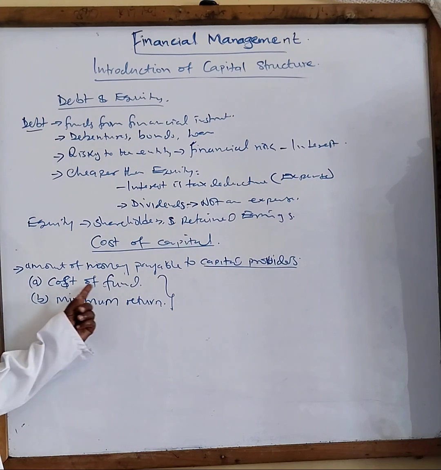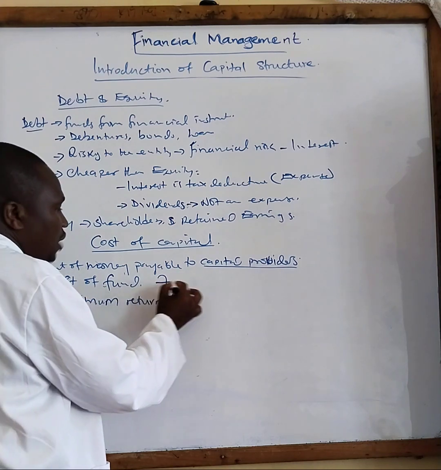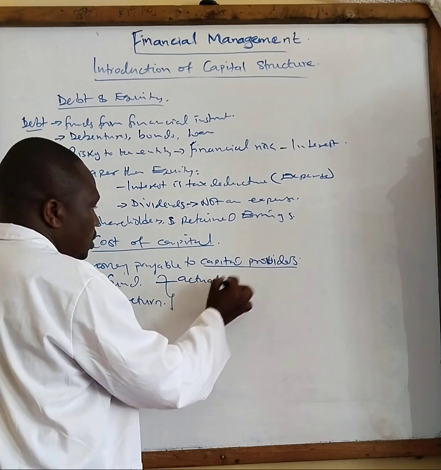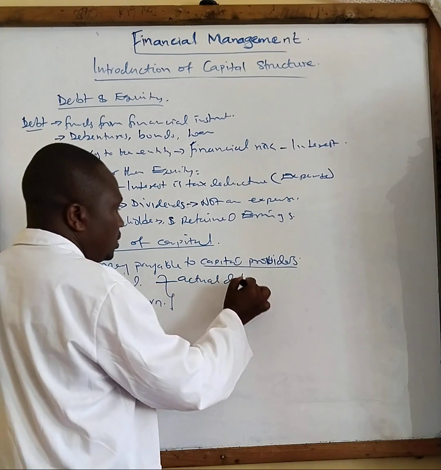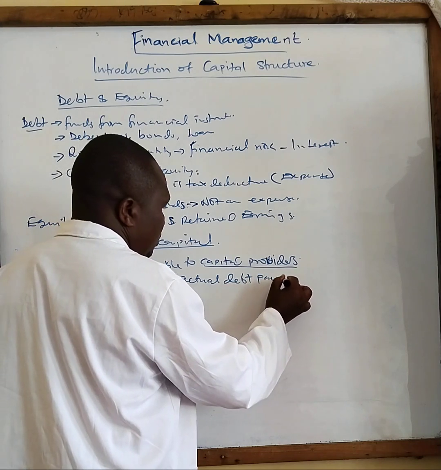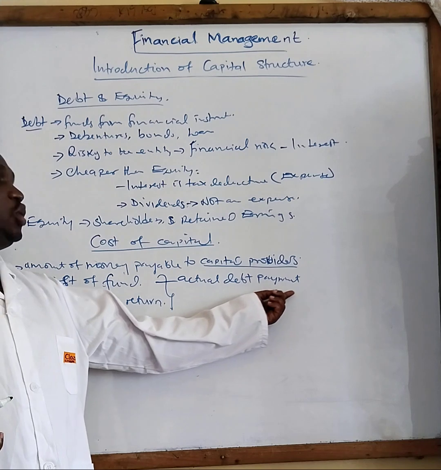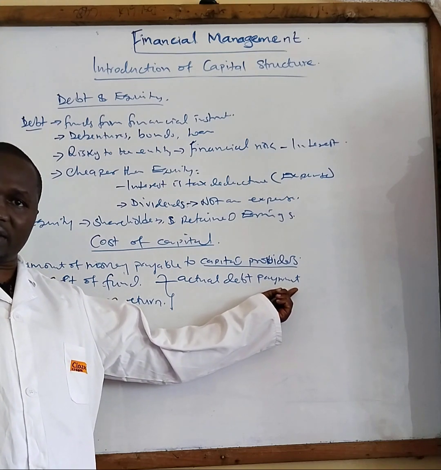When you talk about cost of fund, you are actually talking about actual debt payment. So this one you are paying specifically to the financial institution where the loan originated from.